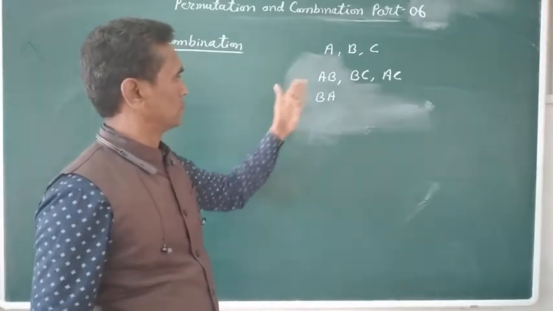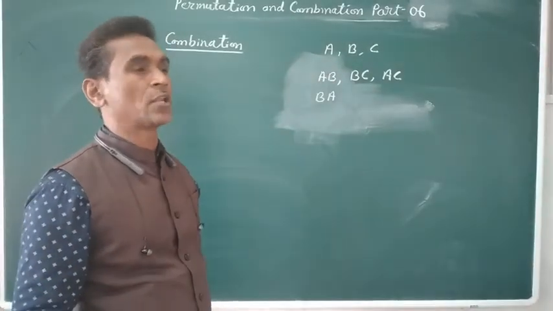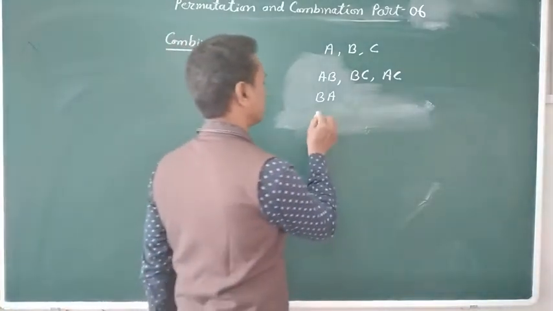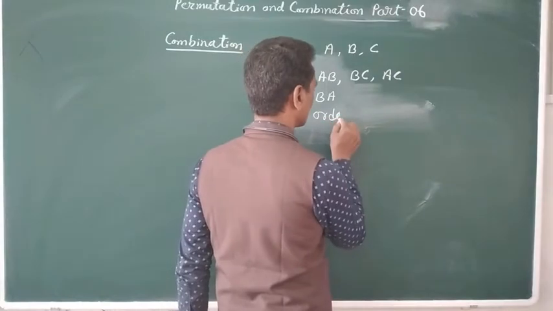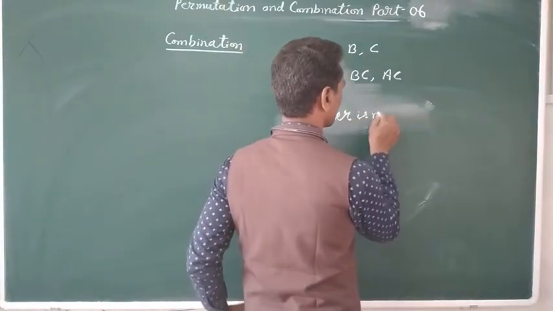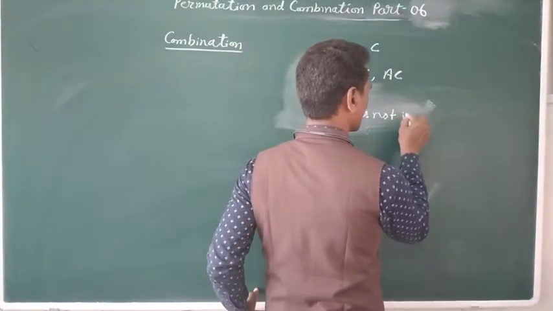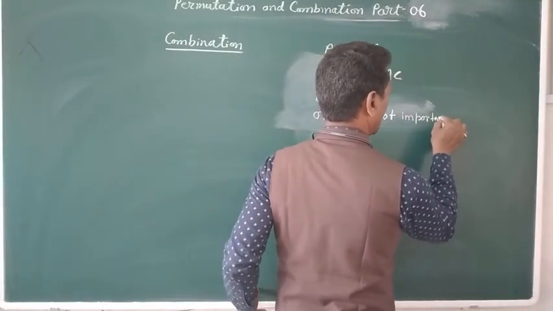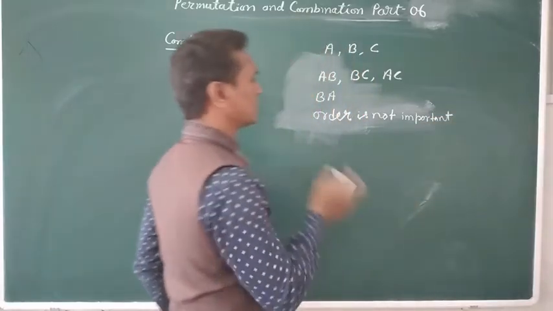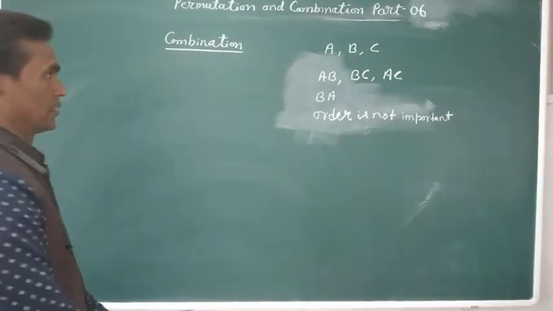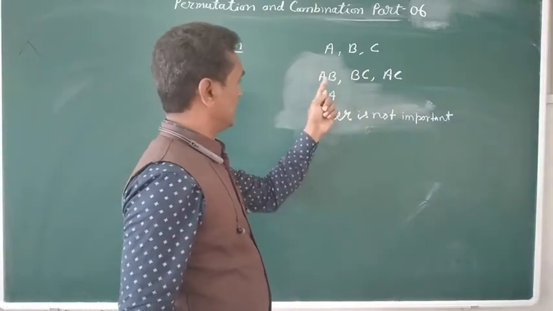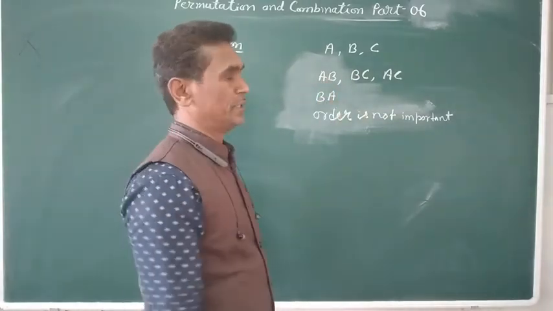So in a group or selection or combination, order is not important. So order is not taken into consideration. So here the number of combinations is 3. So each group is called a combination.